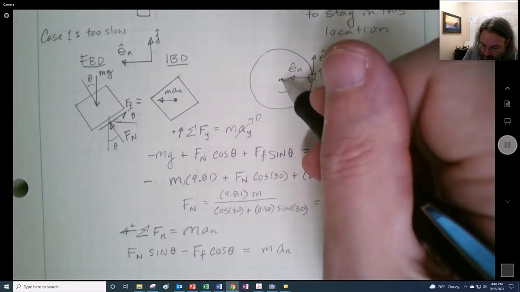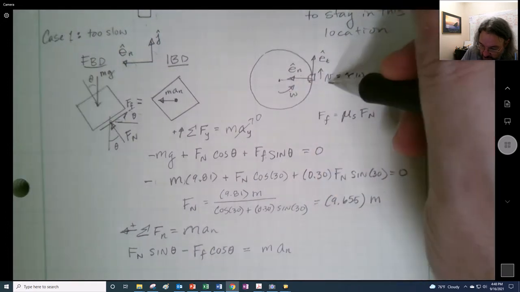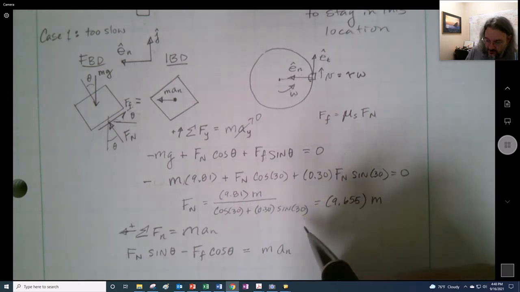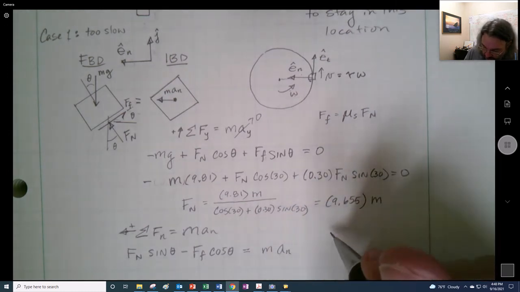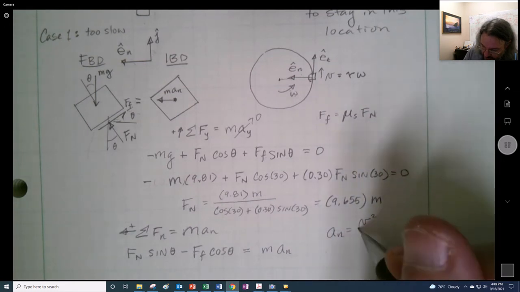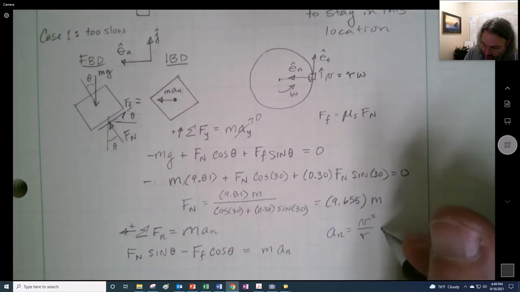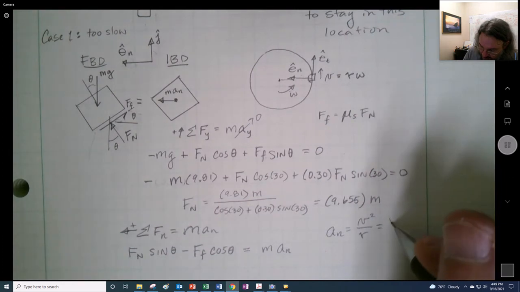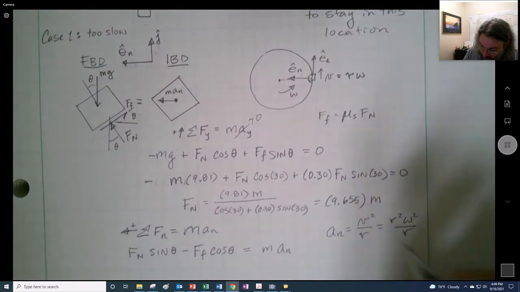So if you just multiply this radius by this omega, you will get that velocity, because we want things in terms of omega. Therefore, we're going to say that the normal acceleration is velocity squared over, a lot of times we'll write rho, but we know that's the same as the radius. So what we did right here is we said that there'll be r squared omega squared over r.